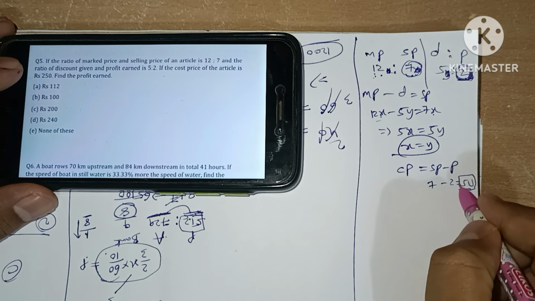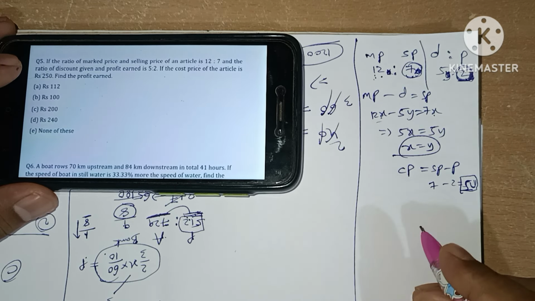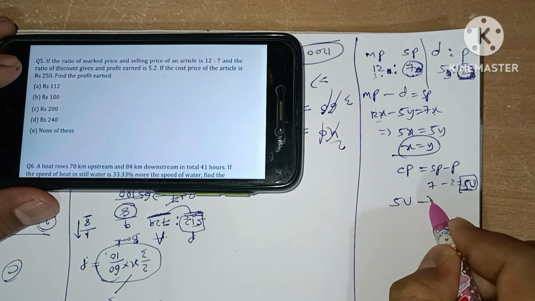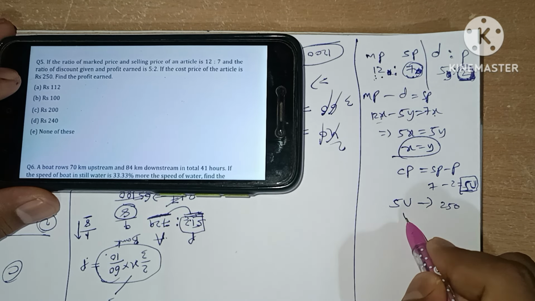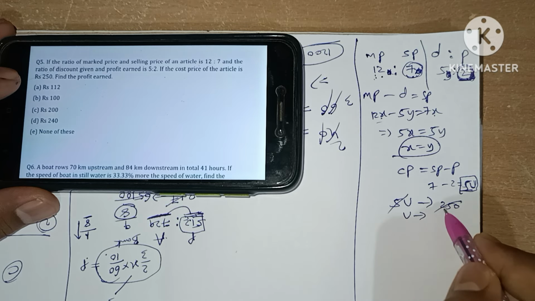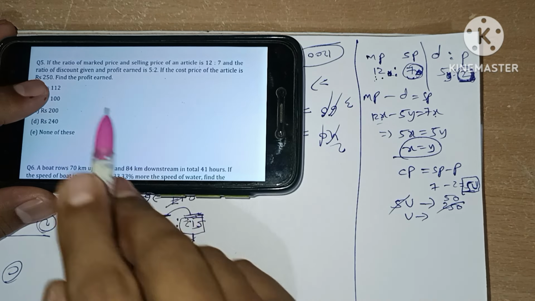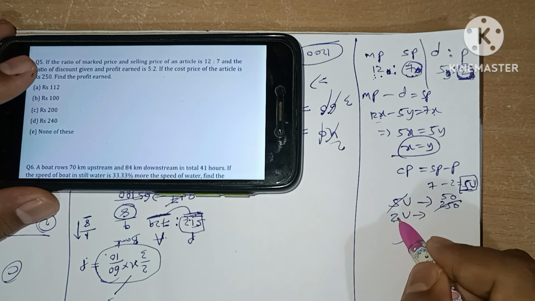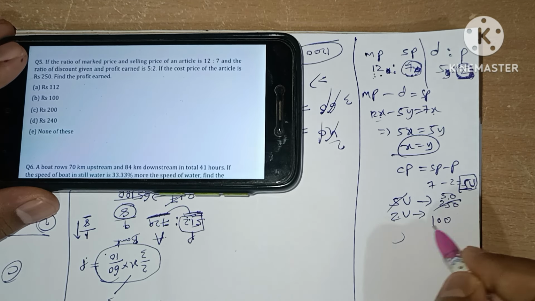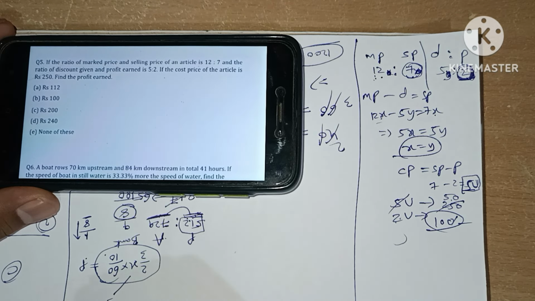So cost price is 5 units. We got from this ratio. 5 units value is given as 250. So we have 50 times. The question asked is find the profit earned. Profit is 2 units. So 2 units value will be 2 into 50, which will be 100. So 100 rupees. Option B is our answer.